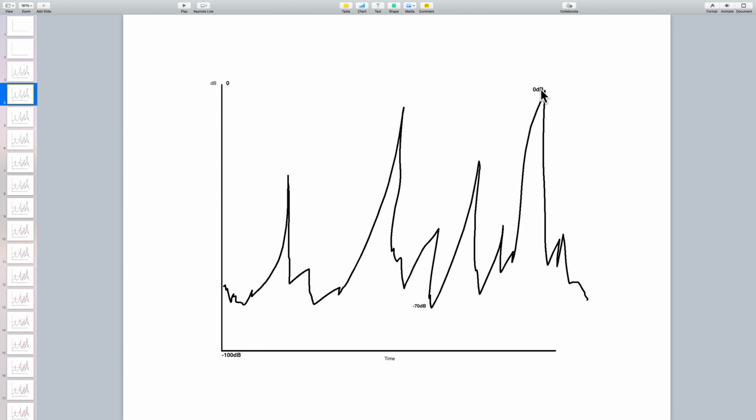So if the quietest part is minus 70 dB, and the loudest is 0, then we have a dynamic range of 70 dB. Okay? It's just a simple math equation. That's the dynamic range. You've got 70 decibels of dynamic range here.